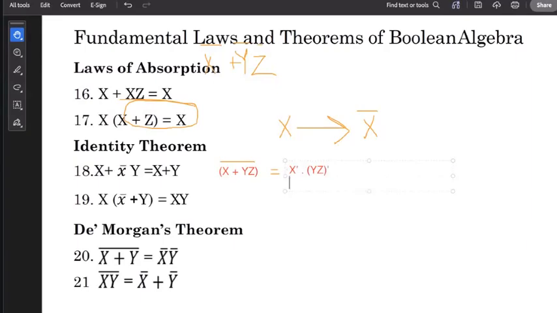We can't leave it as it is because again we have Y into Z whole thing bar. If you have a multiplication in between and a whole thing negation, XY whole thing bar is equal to X bar plus Y bar. So now, what is YZ whole thing bar?